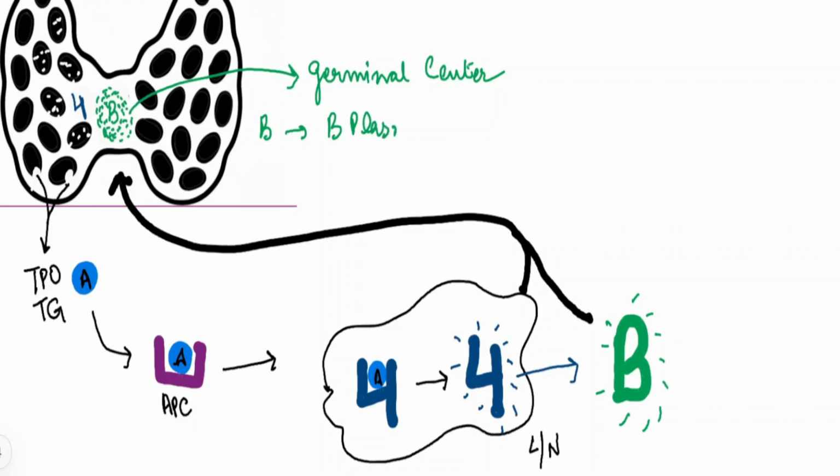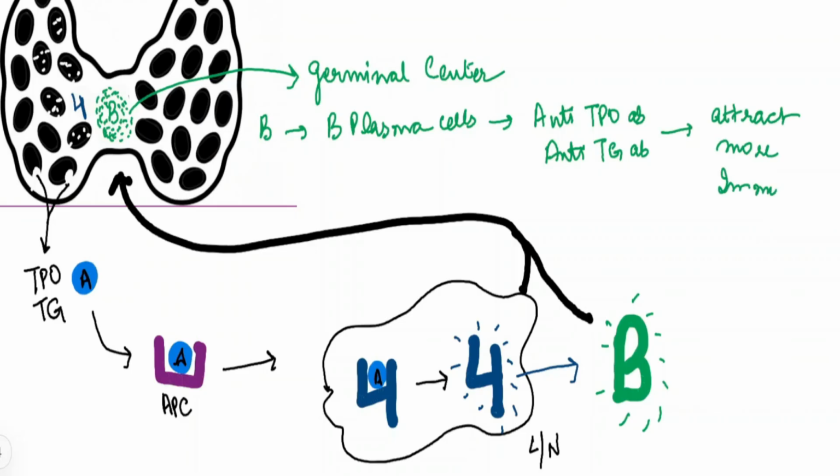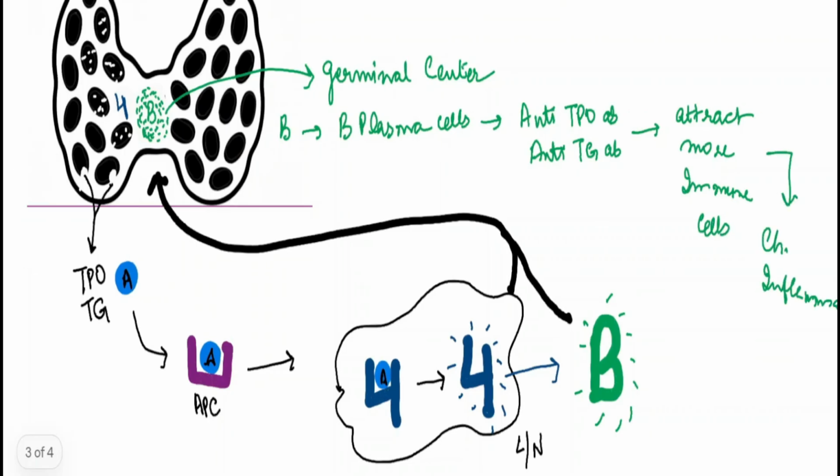Here B cells differentiate into plasma cells and produce autoantibodies like anti-TPO antibodies and anti-TG antibodies, and these autoantibodies attract more immune cells, which leads to chronic inflammation. The chronic inflammation causes destruction of thyroid follicles and loss of hormone producing cells, and repeated immune attack leads to scarring, that is fibrosis of the thyroid gland, and shrinkage of the gland. Now the thyroid becomes shrunken and underactive, which can lead to hypothyroidism.